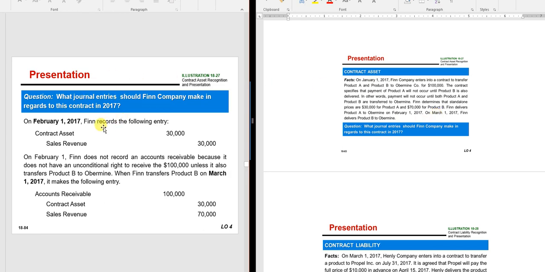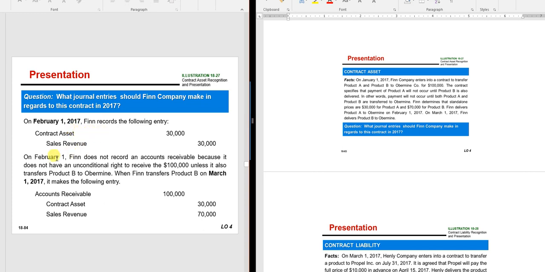This is the seller. So they have sales revenue of $30,000. Notice that we don't really put it in accounts receivable. I don't really like the word contract asset because it kind of implies it's a fixed asset. So you could put contract asset or contract asset of accounts receivable.